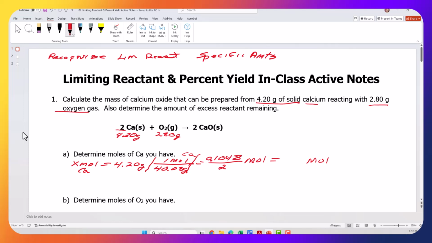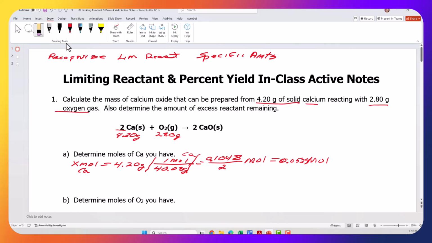There's a decimal sitting right there. And then I'm going to divide that by 2, which gives me 0.0524 moles.